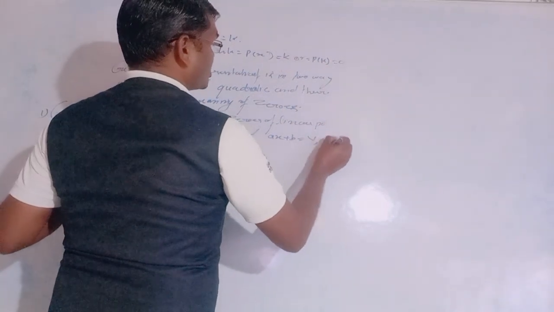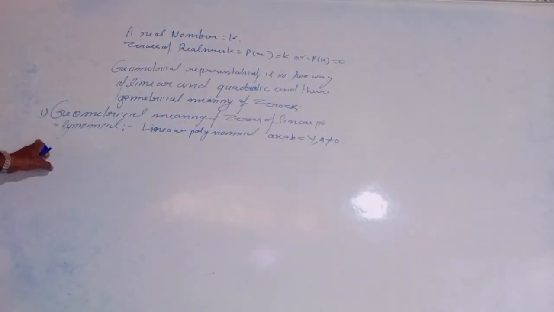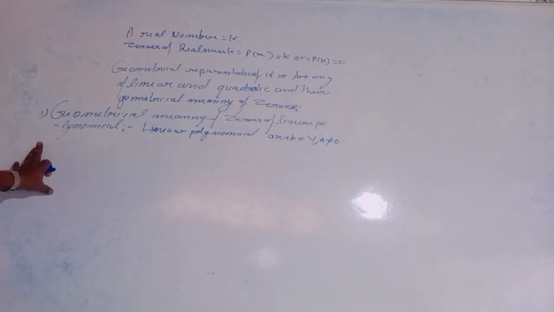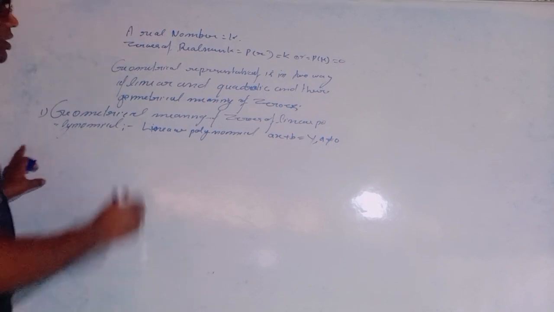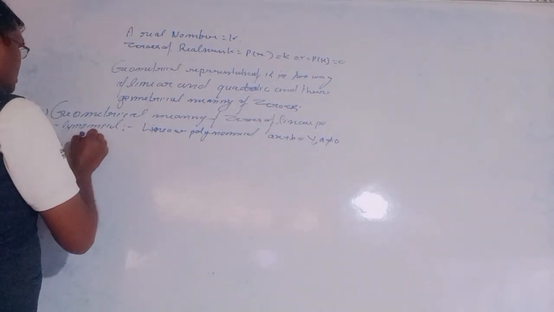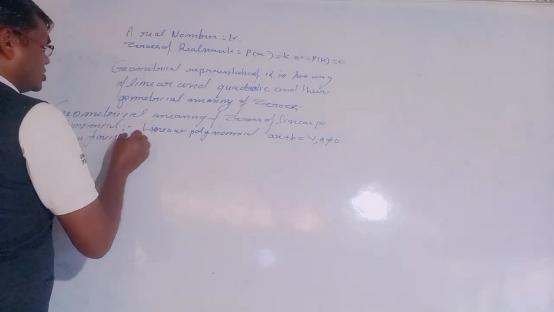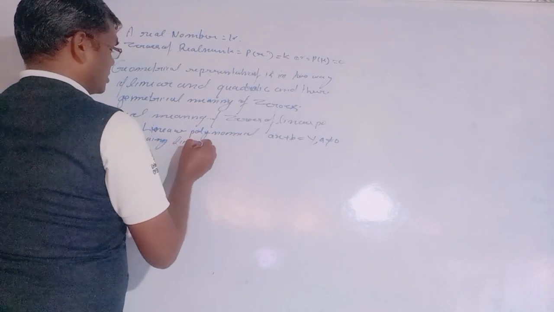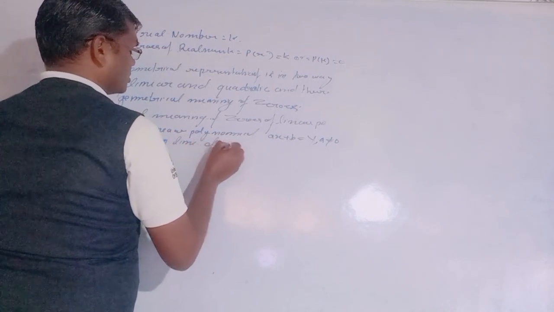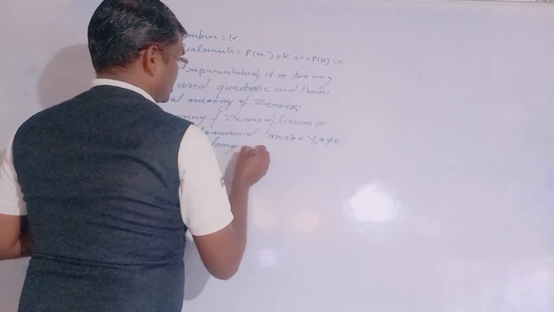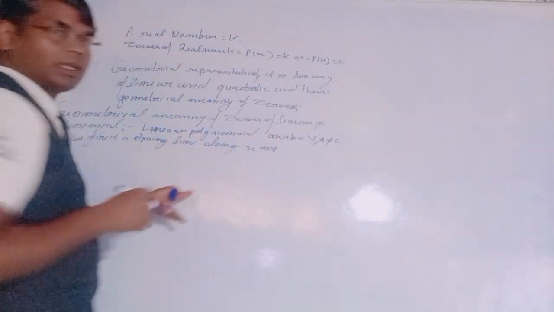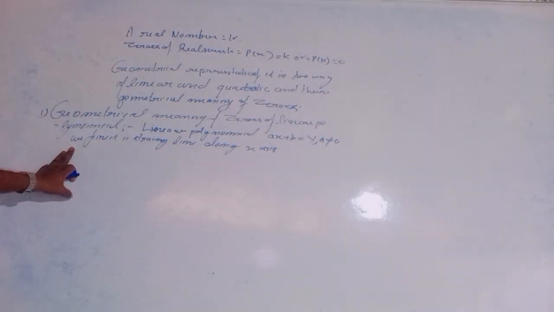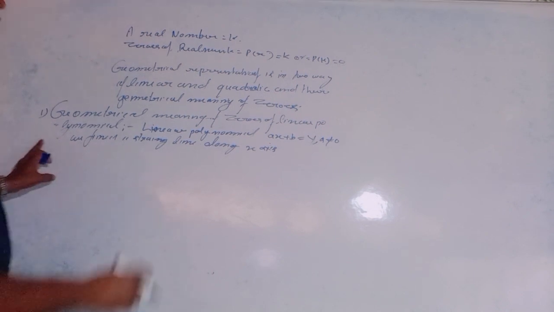We know that y is equal to ax plus b is a straight line, and it intersects the x-axis at exactly one point.